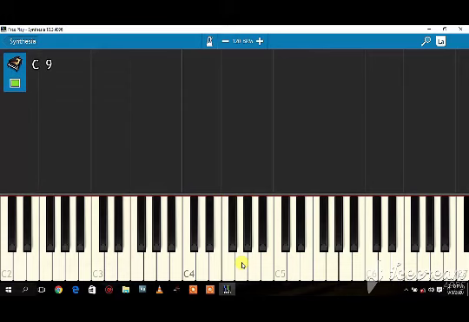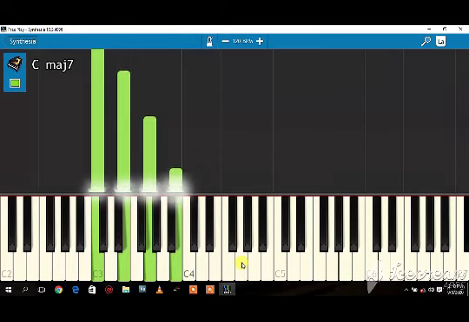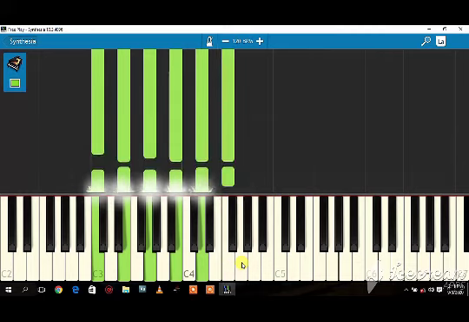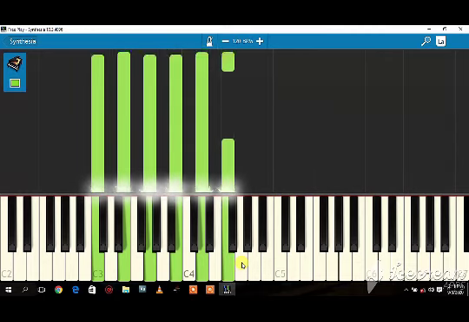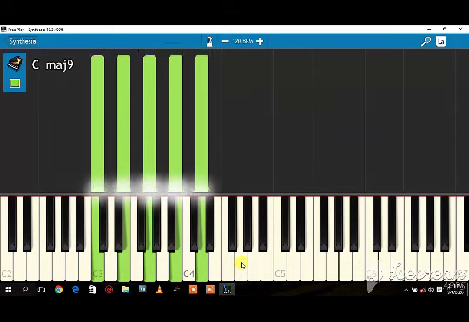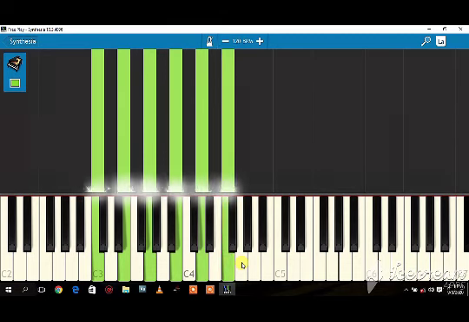Your major 11 is 1, 3, 5, 7, 9, 11. Now, this particular chord is called the C major 11 because after your 9 you added the perfect fourth above. So this is called C major 11.